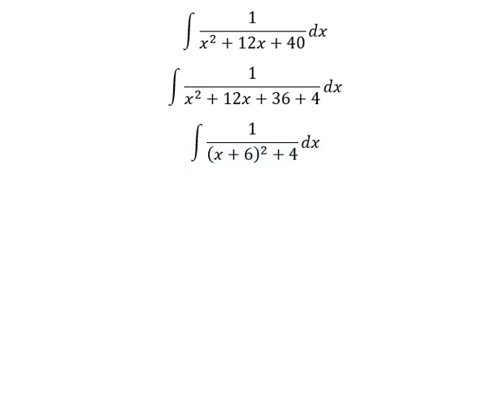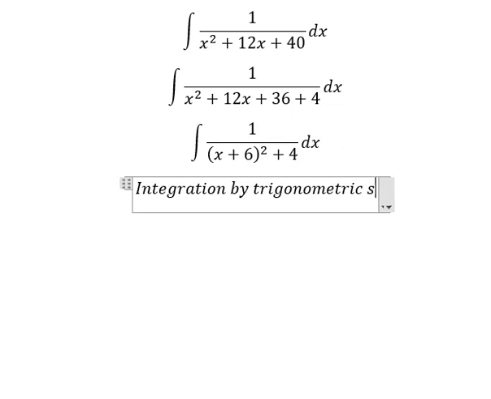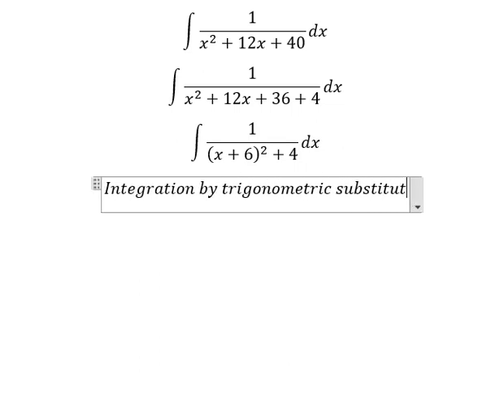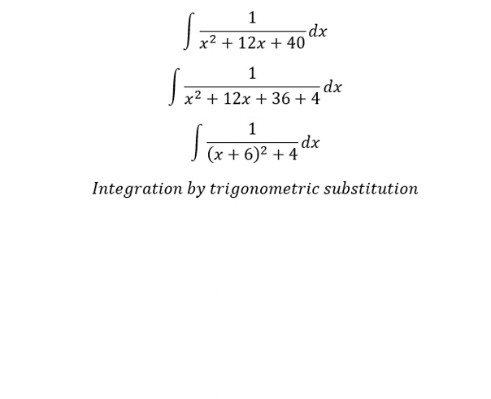Next, we can use integration by trigonometric substitution. So I will put s plus number 6 equals to number 2 tan t, because if I put this one gone here, we have number 4 tan t square.